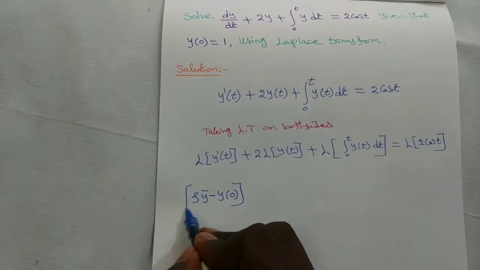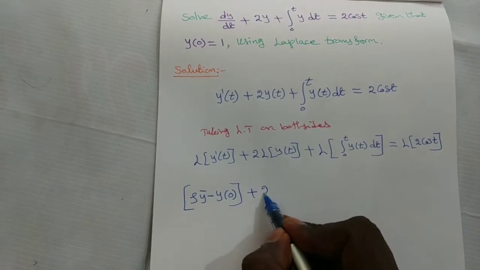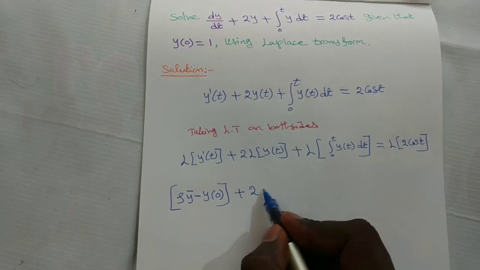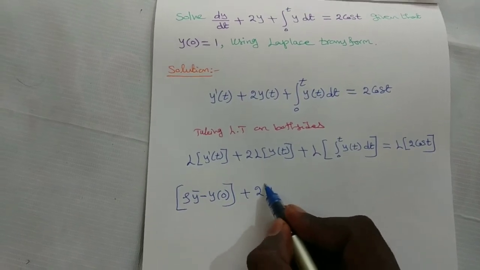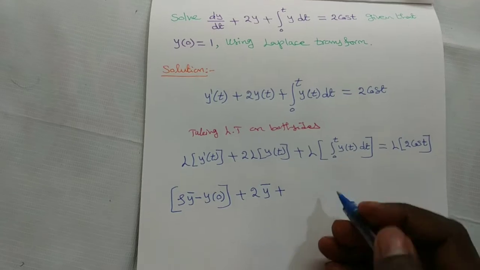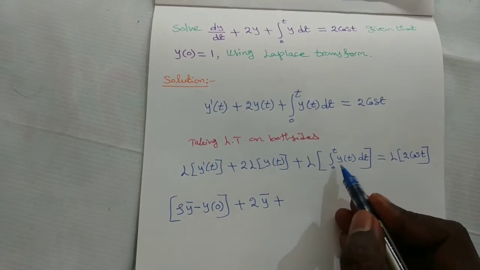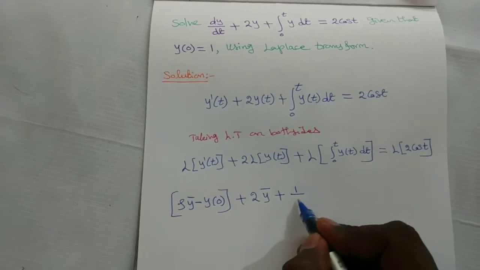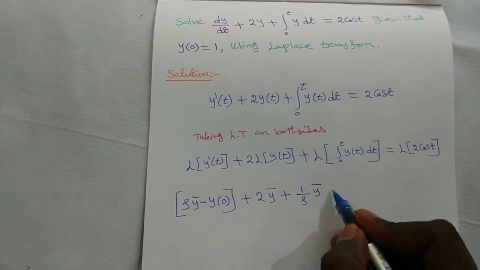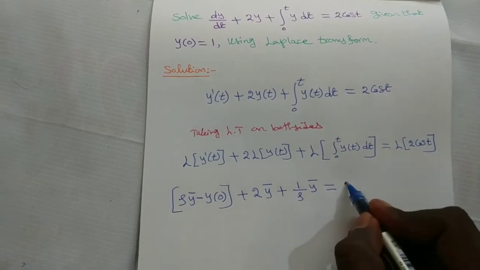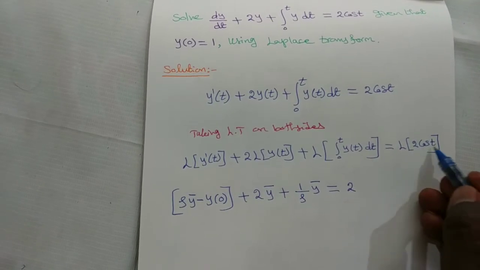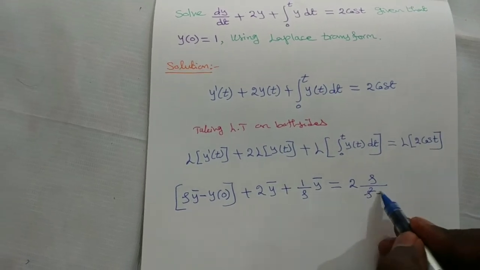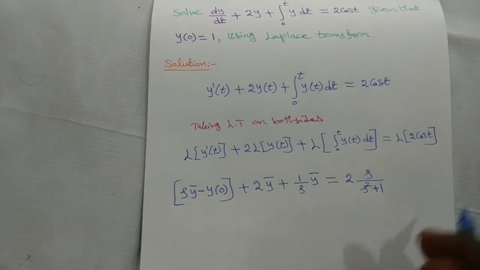This is the usual formula. Plus 2 times L of y(t), and L of y(t) is y bar, our first formula. Plus L of the integral of y(t) dt, already we know the fourth formula, this is 1/s times y bar, which is equal to, taking 2 outside, the Laplace transform of cos t, s/(s² + a²), where a is 1, so s²+1. So this is the formula.